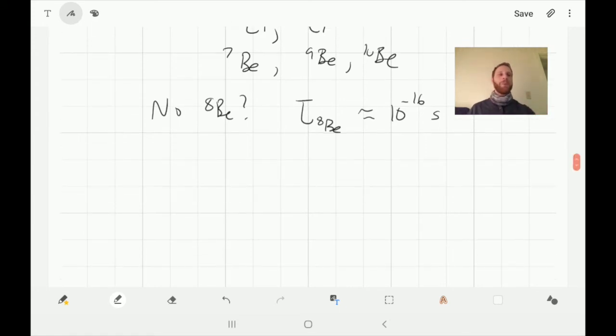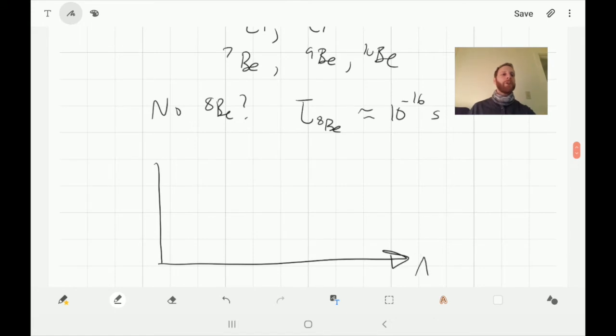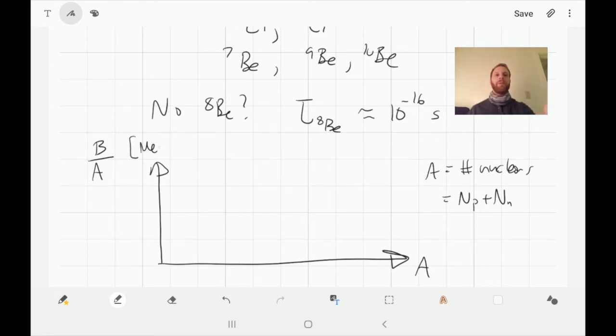Plot as a function of A, where A is the number of nucleons, protons plus neutrons, the total binding energy. Binding energy means the energy required to separate that isotope into all its constituent neutrons and protons. You divide it by the total number of nucleons, in units of MeV.